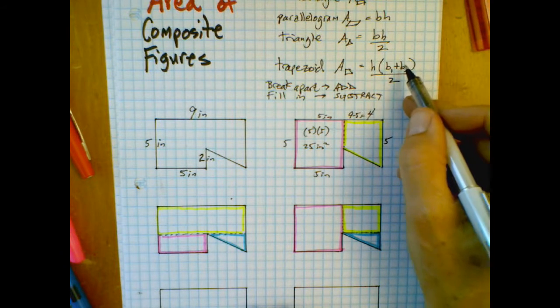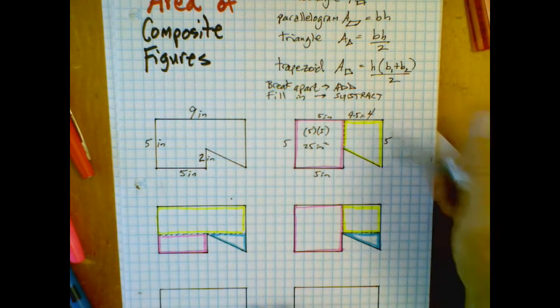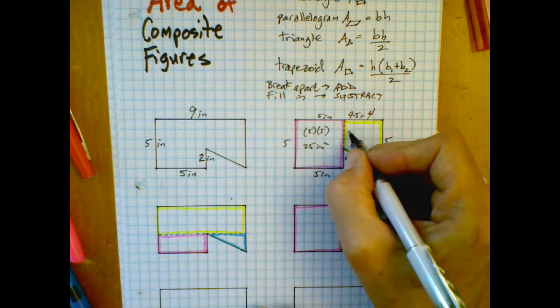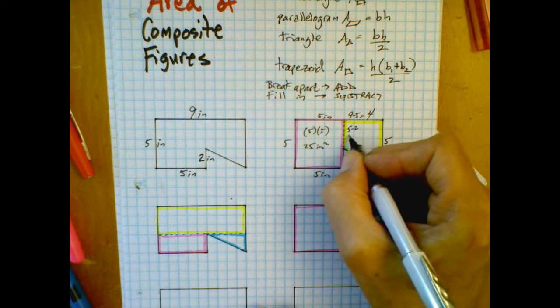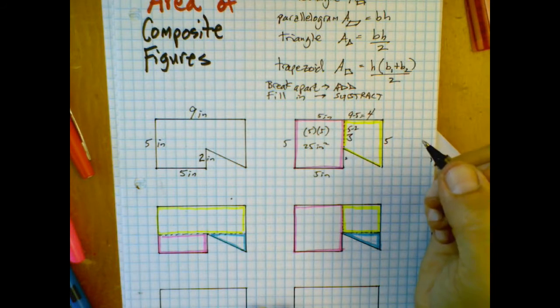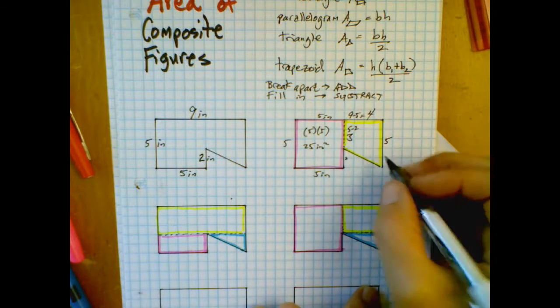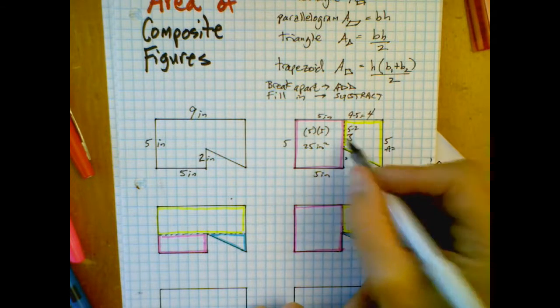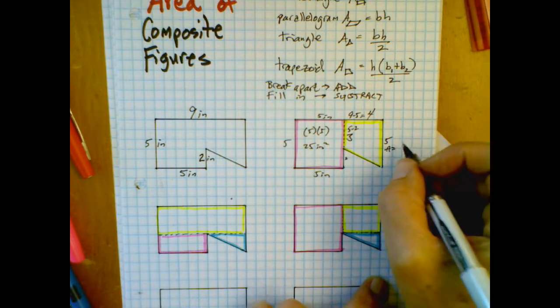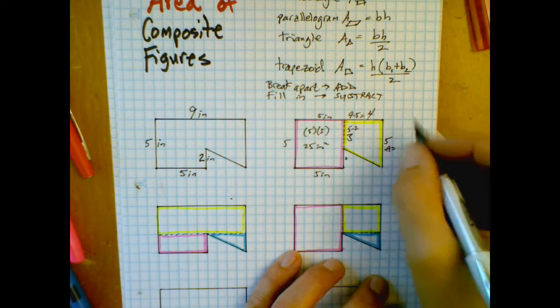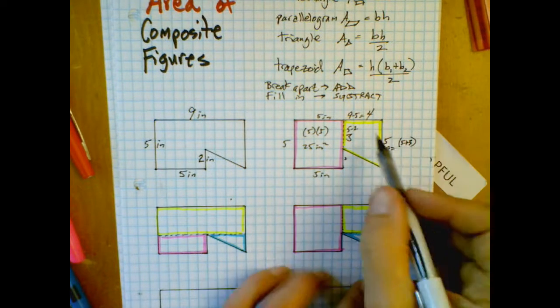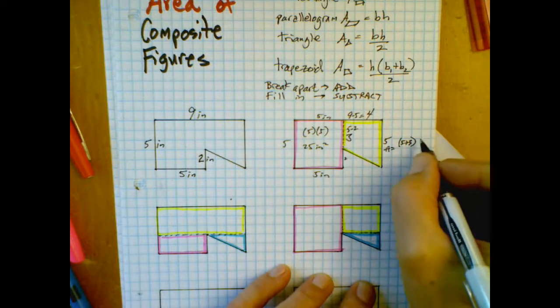My trapezoid here is going to be a little bit more complicated just because there's this formula, b1 plus b2. And I know that this side's 5 because that carries over. And I know that this is 2 right here. So this side's going to be 5 minus 2, or 3. So for my trapezoid here, its area is going to be, I have to add my 2 bases and then multiply by my height, so I have 5 plus 3. Now the height is going to be this direction, which is my 4.